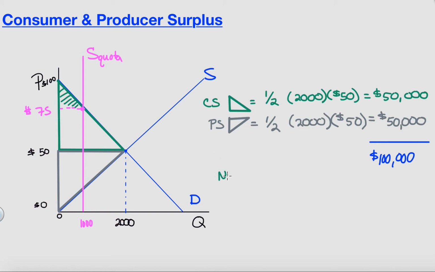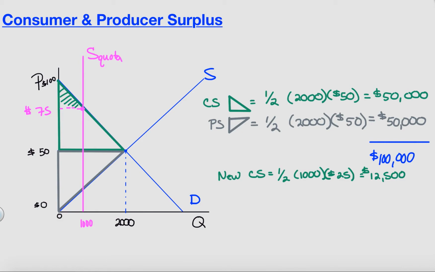So the new consumer surplus is this upper triangle right here, and it's going to be 1/2 base of 1,000 people times the price of $25. Okay, so that means that the new consumer surplus is going to be $12,500.